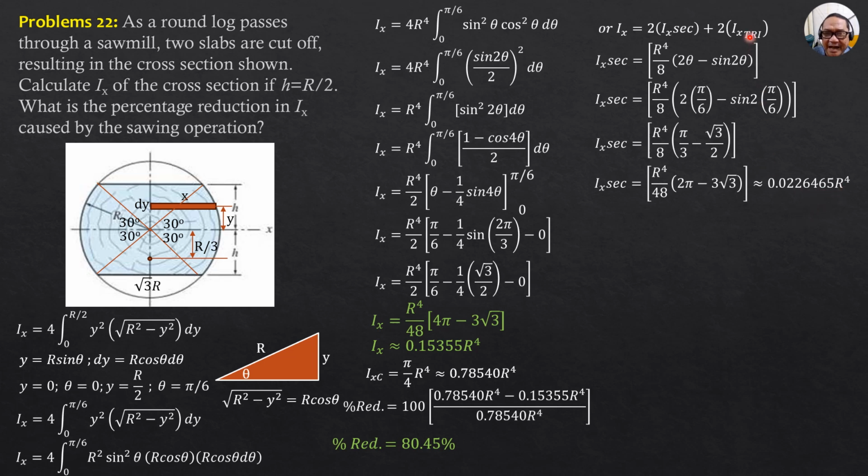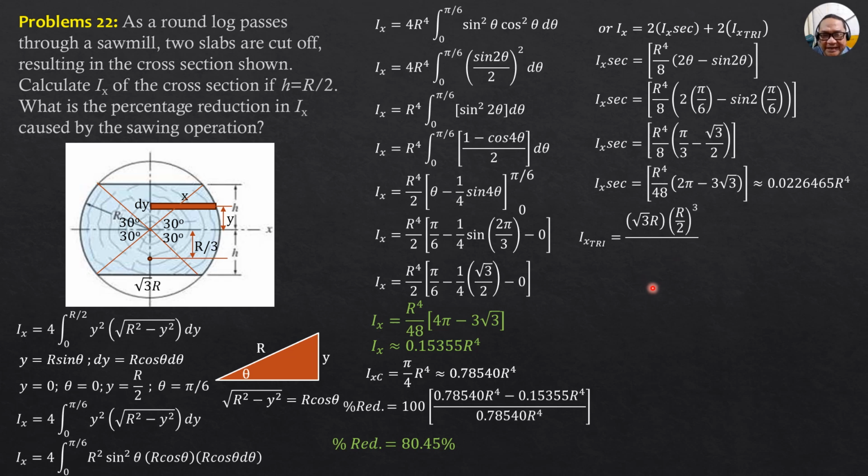For the Ix of triangle, we have to use the transfer formula, which is Ix through the centroid of the triangle given by b h cubed over 36, plus area of triangle times distance squared. The distance is r over 3.